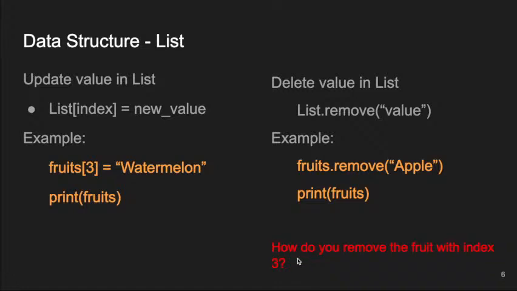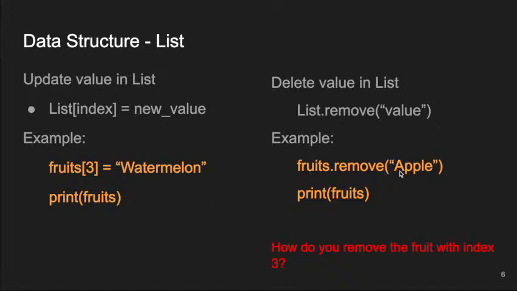Then we have a question here. How do you remove the fruit with index of 3? If you know how to remove apple, that should give you a hint of how to remove the fruit with an index of 3. You know that this is how you access fruits of index 3, right?